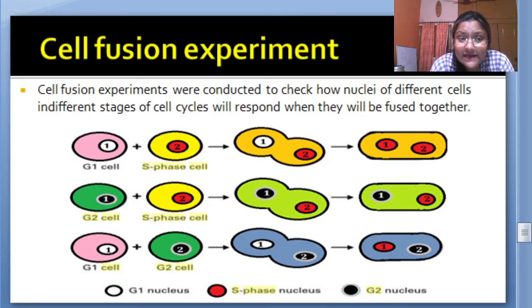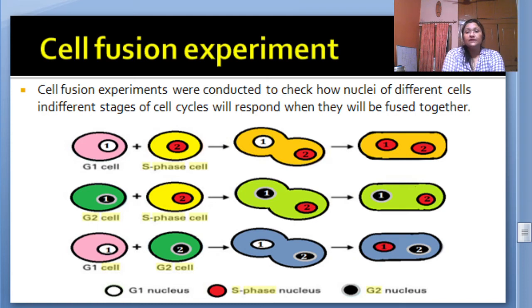Cell fusion experiments were conducted to check how nuclei of different cells in different stages of the cell cycle will respond when they are fused together. One by one, cells from each stage of interphase are fused to check their behavior.